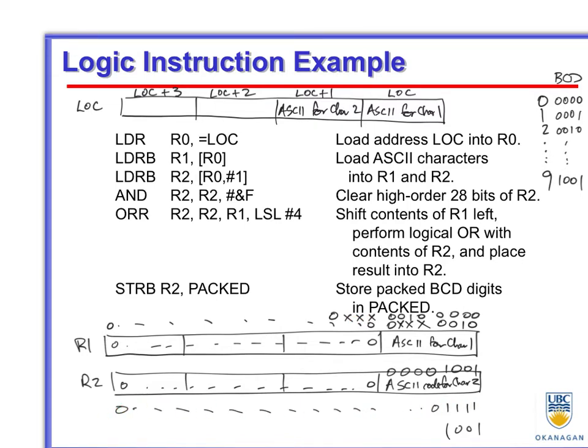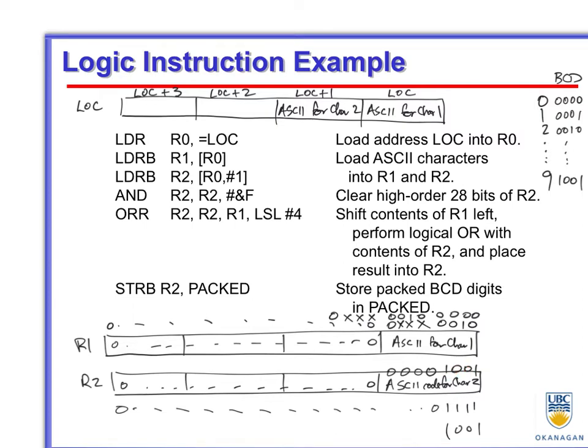Okay, and when we get that, what are we going to get? Well, these are all zeros, these are all zeros, and we're going to be left with this ORed with this is going to give us this, and these zeros ORed with this is going to give us this.